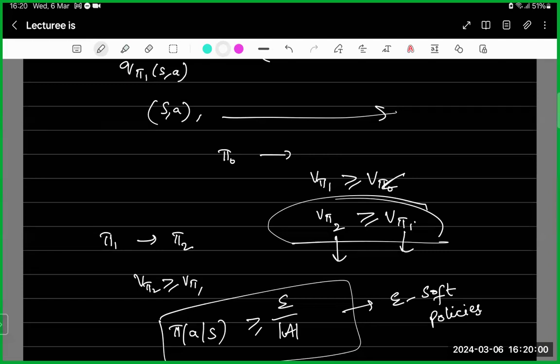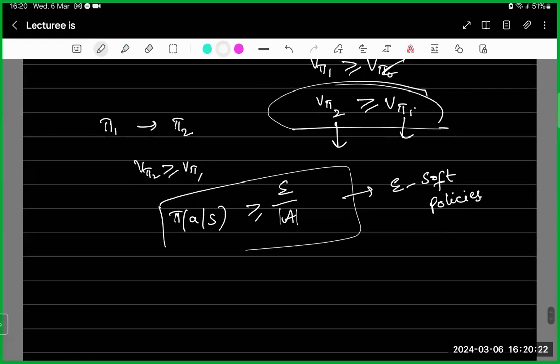Maybe if you decrease epsilon slowly as a function of time, then you will converge to the greedy, optimal policy. The epsilon greedy improvement will hold as long as the new epsilon is less than the old epsilon. So roughly, this is what we are saying.